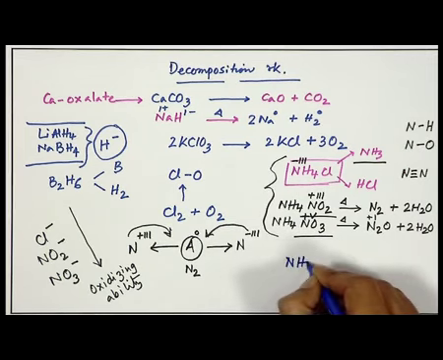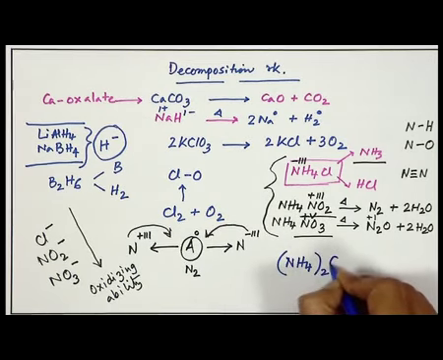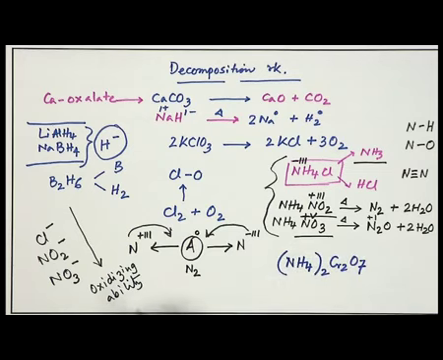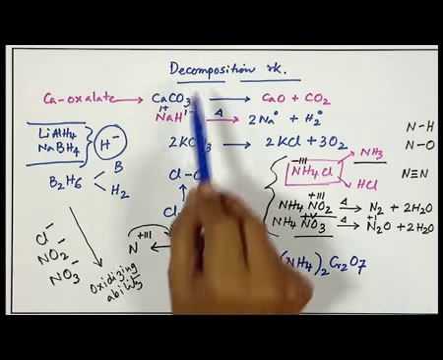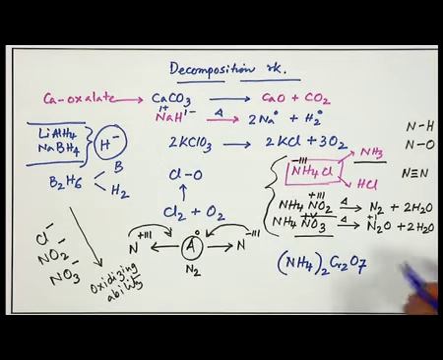In a similar fashion, we can consider all other types of salts. One such salt is ammonium dichromate. The same philosophy we are considering: ammonium is present and the ammonium ion will be oxidized through this decomposition reaction, and thermally we have to just ignite it.